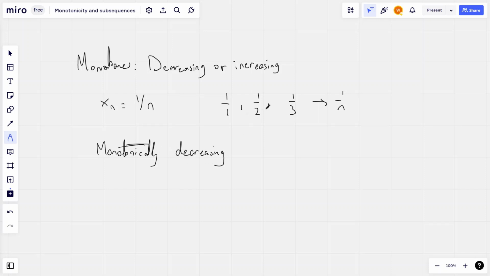In fact, we see that it's never equal to the previous term. That is, it is strictly monotonically decreasing, which means that for every xn, the next term is smaller than the previous term.